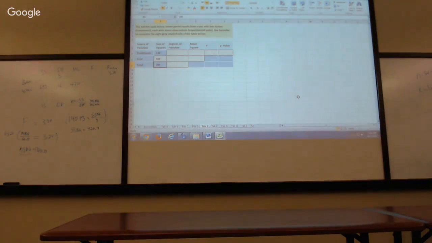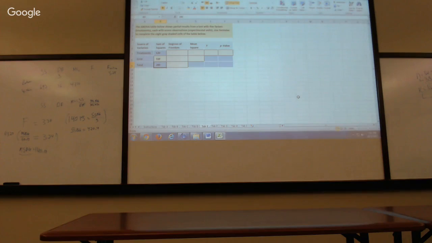For this problem, it says we have a 5-factor test with 7 observations in each factor. The number of divisions, we have 5 factors in this test, so our K is going to be 5. Our N is going to be our number of factors times our number of observations, so we have in total 35 observations.